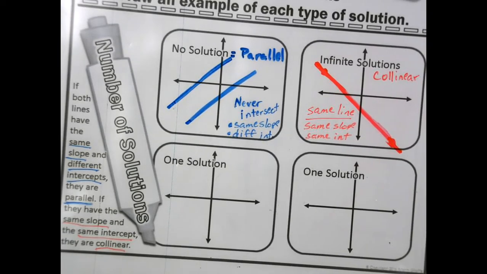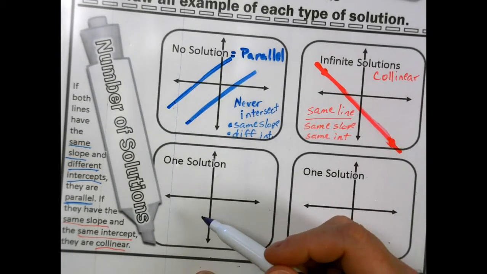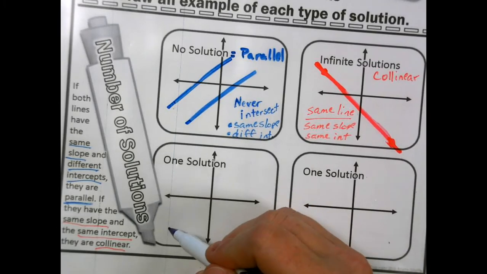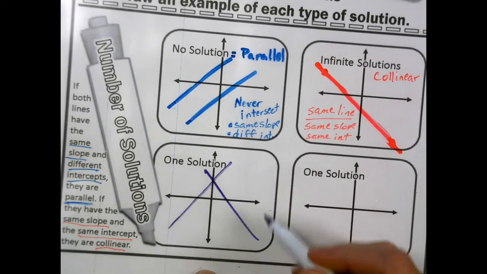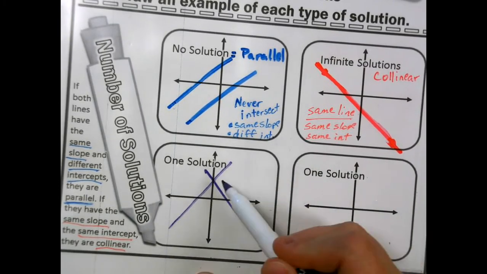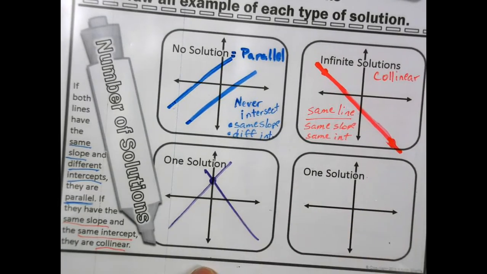What did graphs look like that had one solution? They intersect. They intersect where? At the origin. Not at the origin. We wouldn't have to solve for them if they always intersected at the origin. But they could intersect at the y-intercept. Could they intersect somewhere else too?